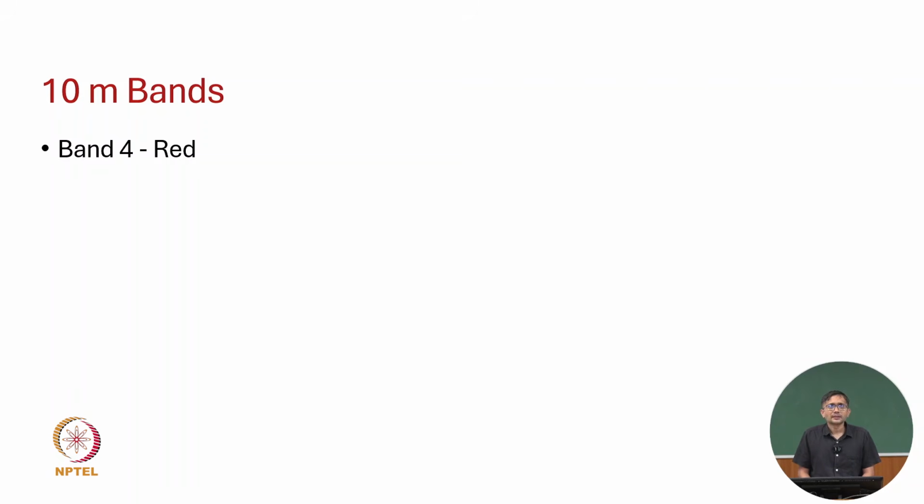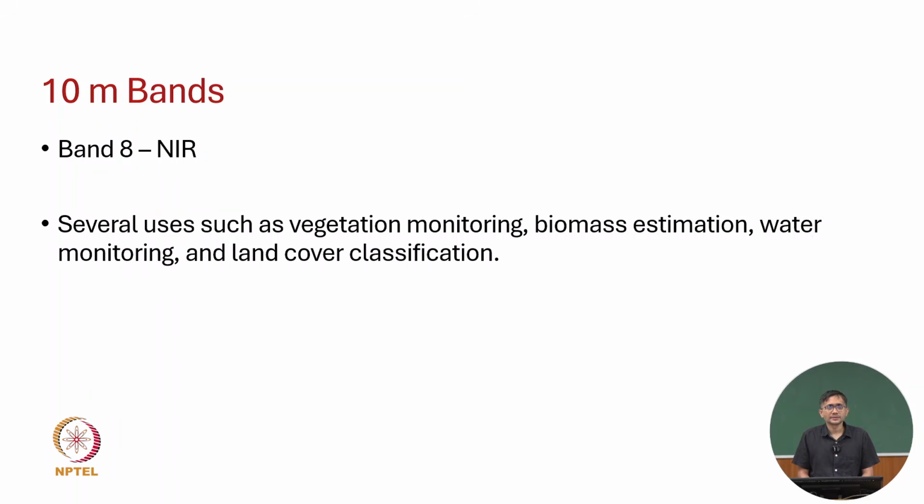We have one additional 10 meter band as well, band 8, near infrared, which has several uses such as vegetation monitoring, and to some extent helps with water monitoring or land cover classification in general. So these 4 are the 10 meter bands.